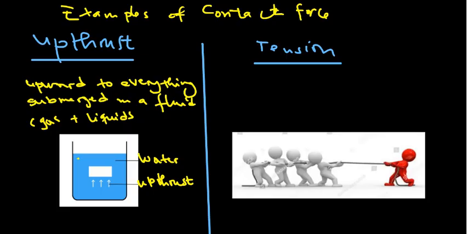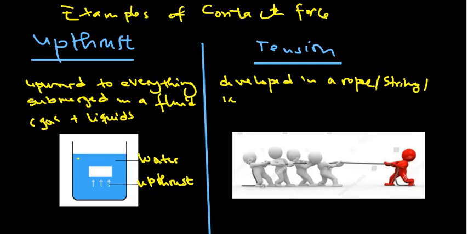Upthrust always has the direction of upward. Then going to tension force, it is a force that is developed in a loop, string or wires pulled on both sides.